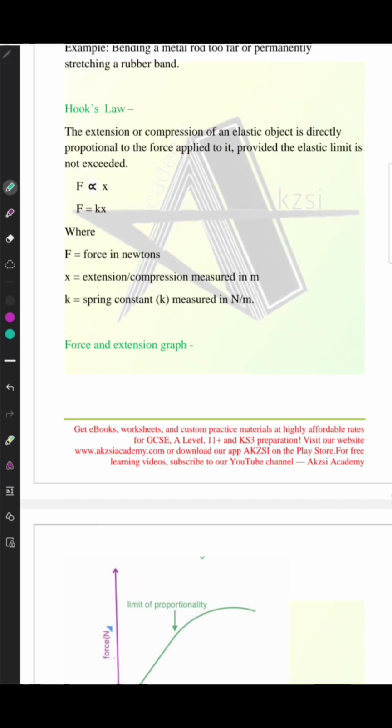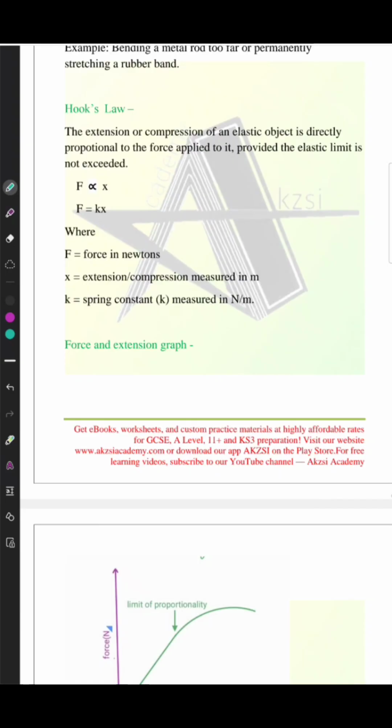Some materials are very easy to stretch, that means when you apply a little force, you'll be able to stretch it by 1 meter. But there are certain materials where it doesn't matter how much force you apply, it's very hard. If you want to stretch that object by 1 meter, you have to apply a tremendous amount of force. That describes the importance of the spring constant.